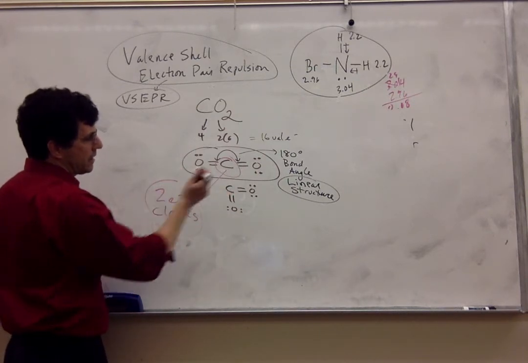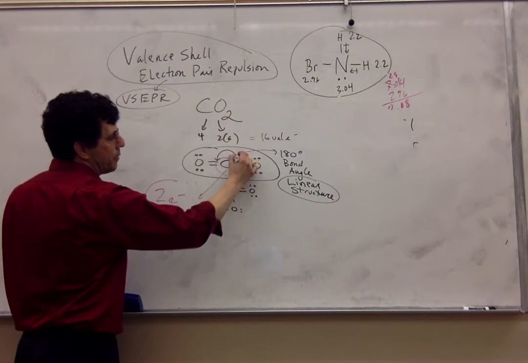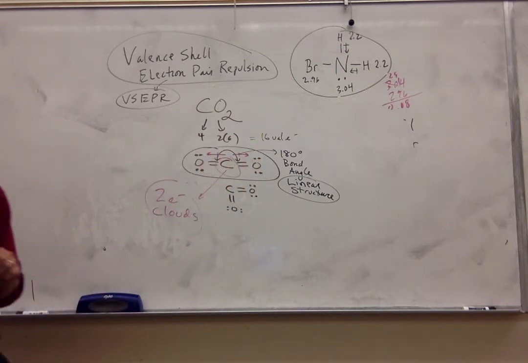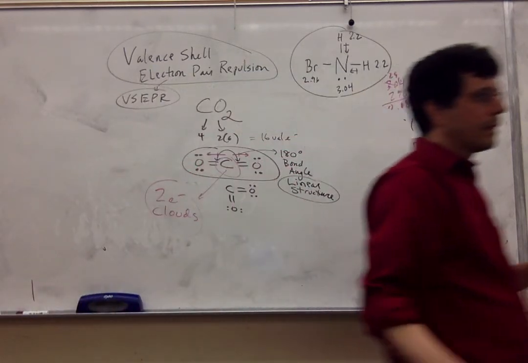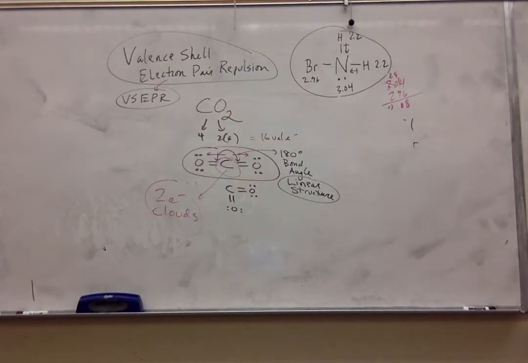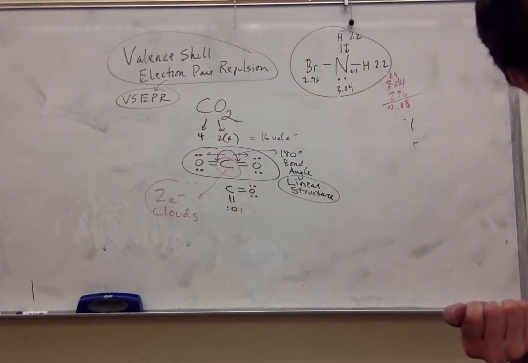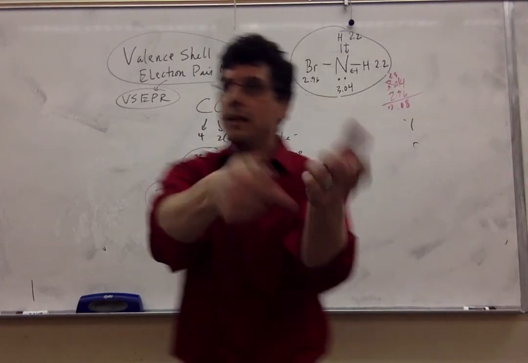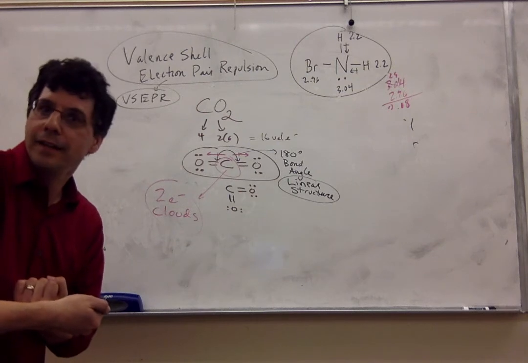We can do that. It's getting kind of messy here, but if I put my dipole moments there, because oxygen's more electronegative than carbon, what's going to happen in a tug of war when two people are pulling on the same rope with equal force, and you've got a handkerchief tied in between?